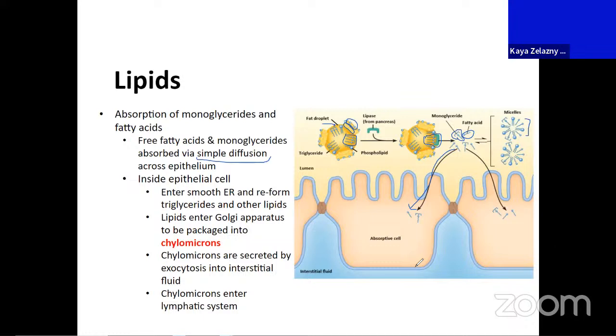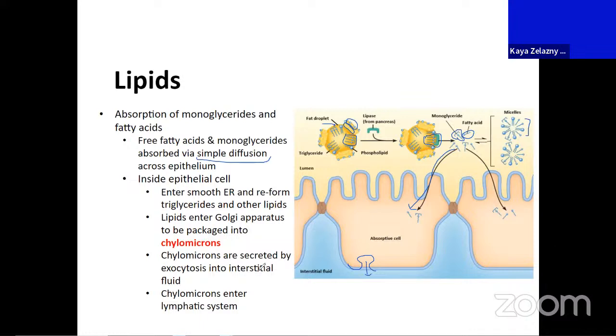We're going to have to package them all together, so they're packaged into a chylomicron, and then we're going to have to secrete them by exocytosis. Think of how we were getting neurotransmitters out of a neuron into the synapse, right? We have that synaptic vesicle that then burst and freed the neurotransmitters. We're getting the chylomicron across the membrane in the same way. We're folding that membrane and letting a chylomicron go out, basically.